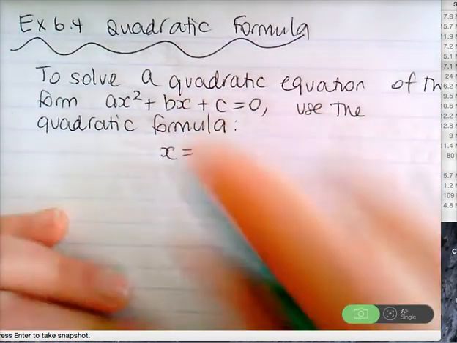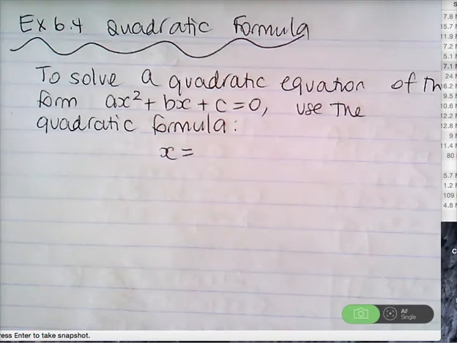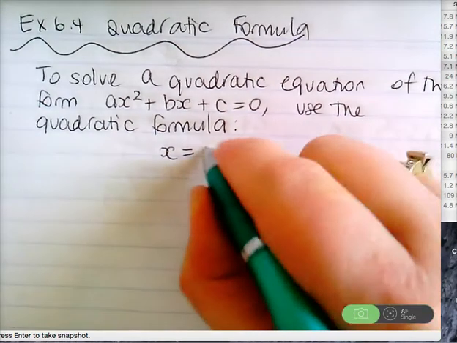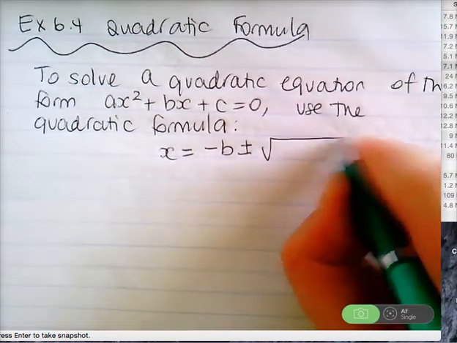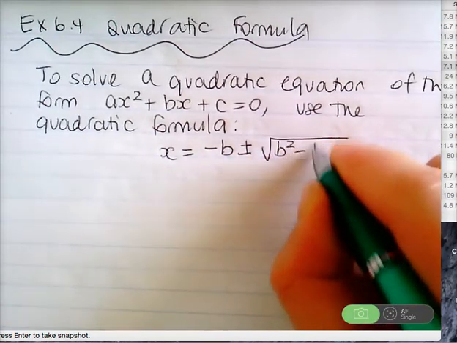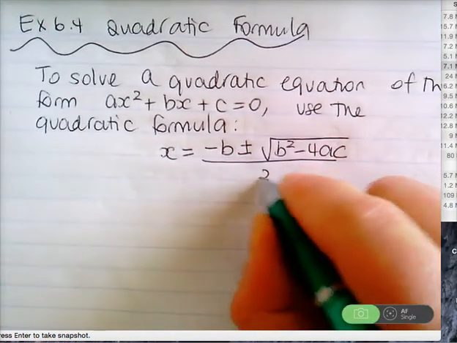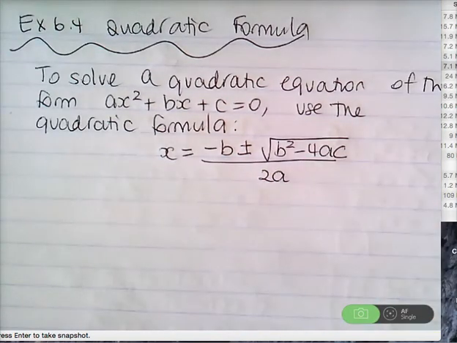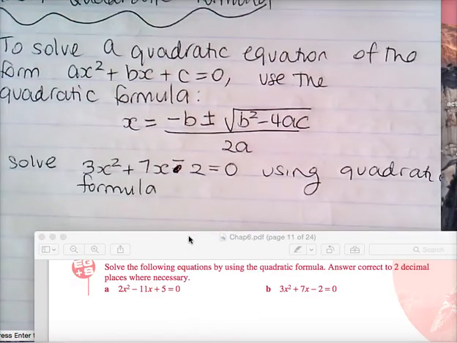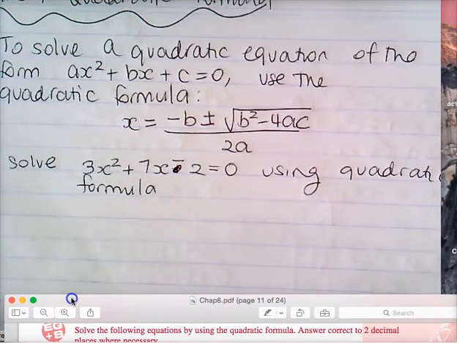X equals, come on, negative, anyone? No, I'm just saying who knows it. Negative b plus or minus the square root of b squared minus 4ac over 2a. I was close.